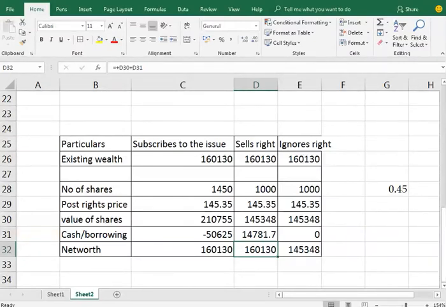Effect on shareholders' wealth. Now let us assume the investor holds 1000 shares.